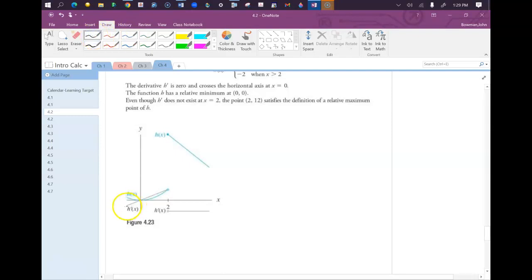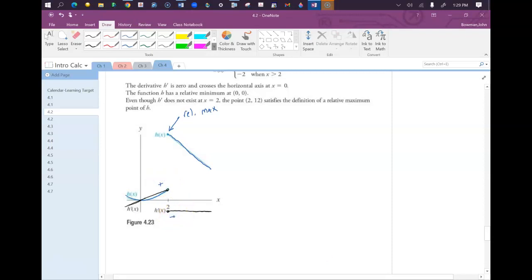What I want you to notice is that h of x has a relative max here. It's actually also an absolute max, but we'll talk more about that in the next section.